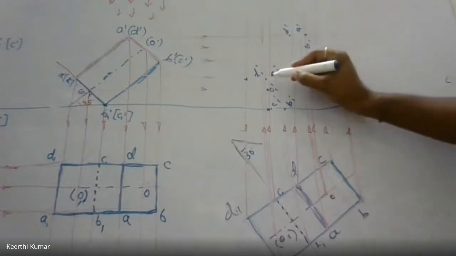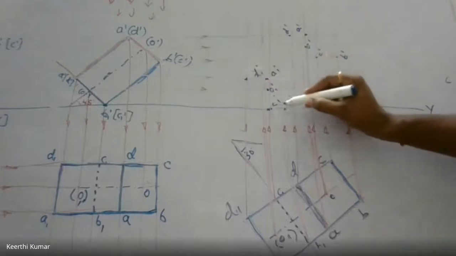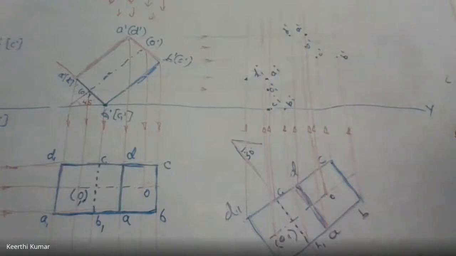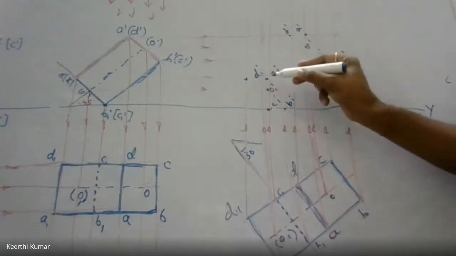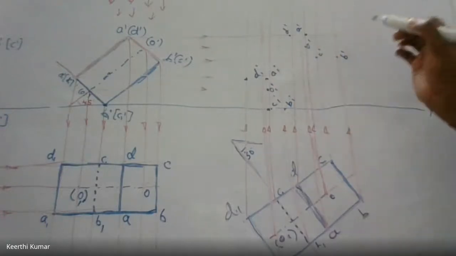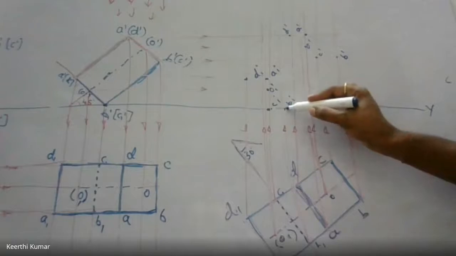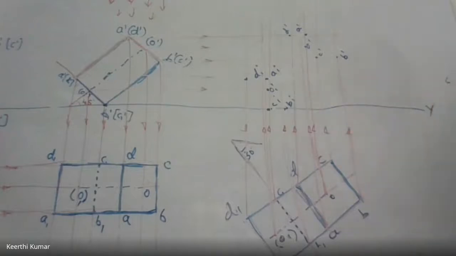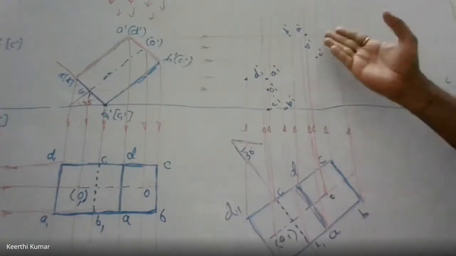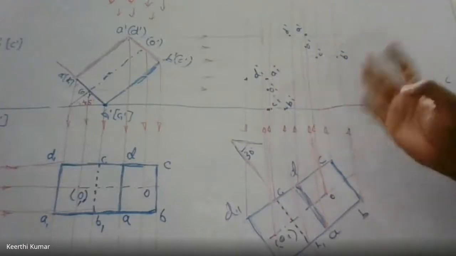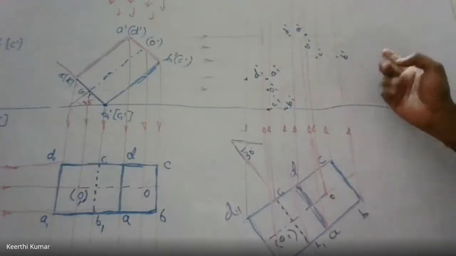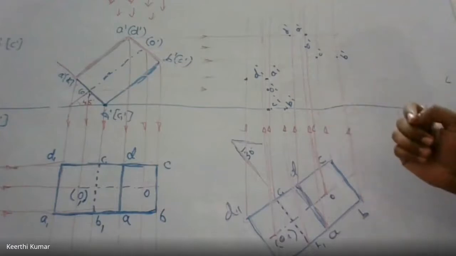You connect, however it is coming, please connect as per the figure, O1 and O. Once this is done, please let me know. You take time, no issue. Do it properly. Don't learn in the wrong way at the beginning itself. So here A, B, C, D and O; A1, B1, C1, D1, O1. That's all. Five points here, five points there.